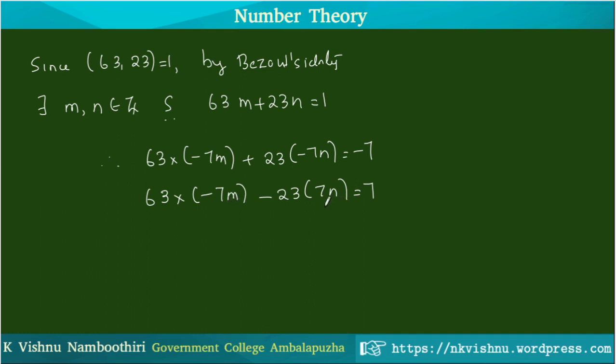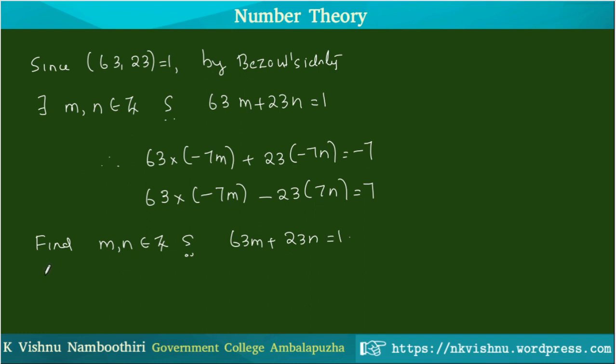So now our question is to find integers m and n such that 63m plus 23n equal to 1.